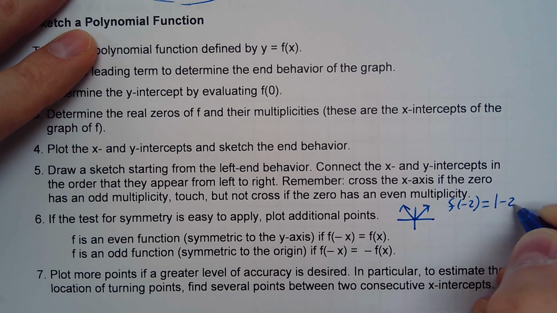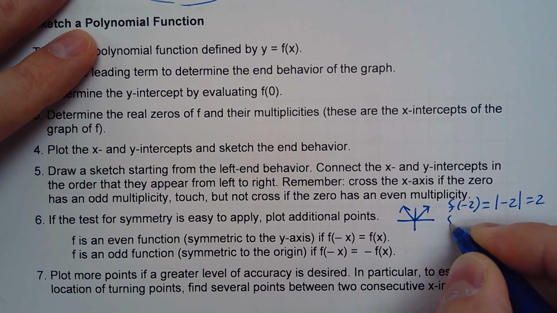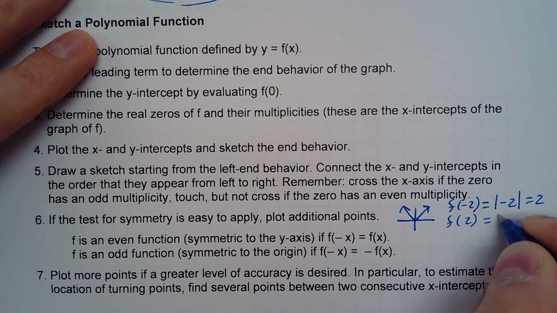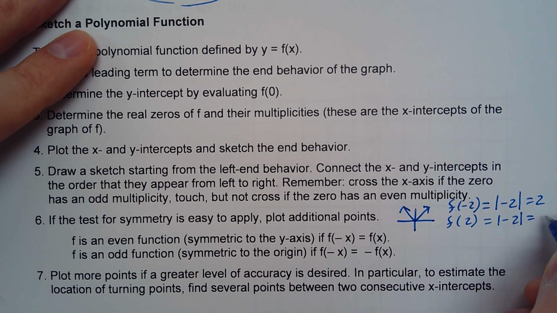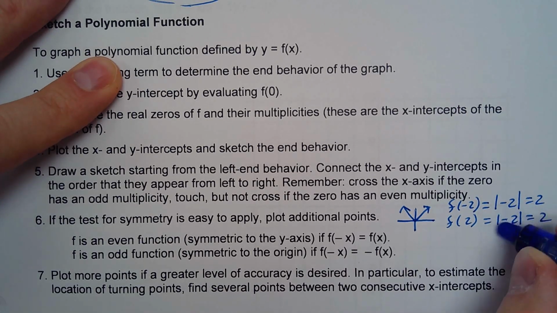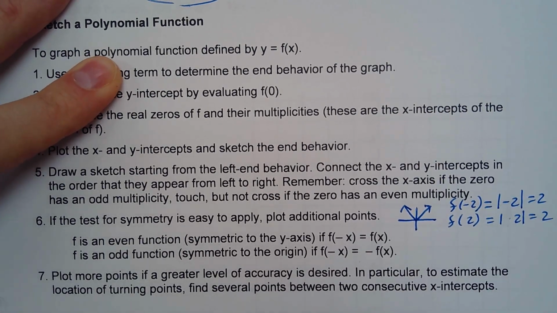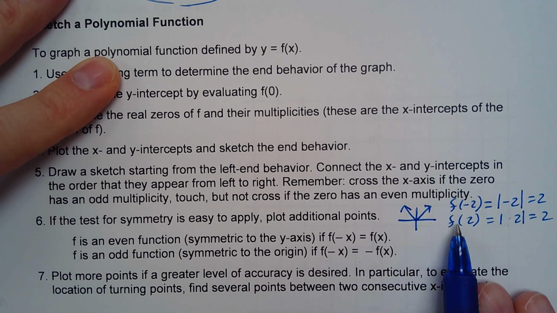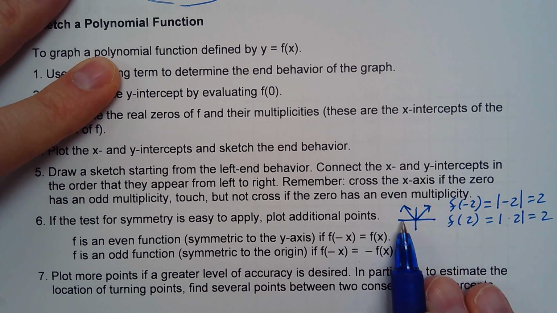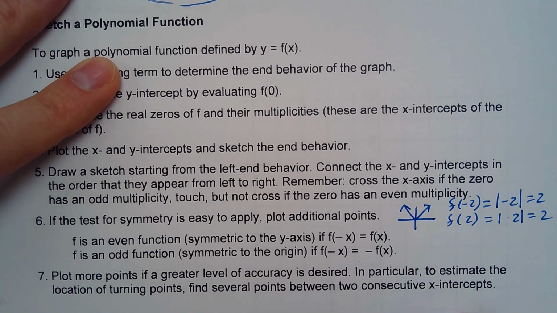That's the absolute value of negative 2, which is 2. I look at f of positive 2. The absolute value of positive 2 is 2. So this tells me that f of negative x equals f of positive x. So it's symmetric with respect to the y-axis.